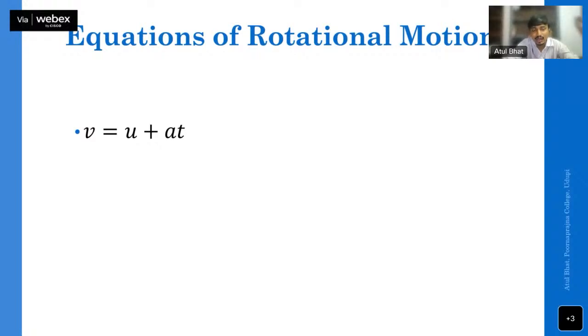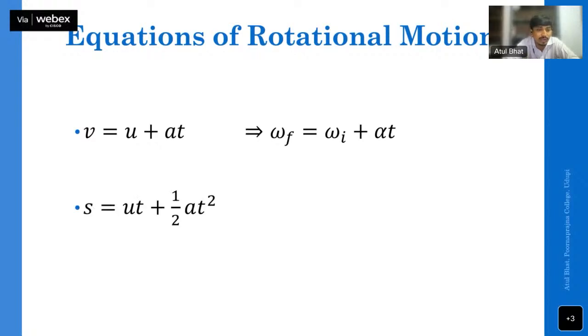Considering the same formula, I can also replace these terms with the angular terms, such that final velocity, I can write as omega f, initial velocity as omega i, all are rotational, and acceleration is alpha. So this formula v is equal to u plus at becomes omega final is equal to omega initial plus alpha into t. It's the same thing in rotational.